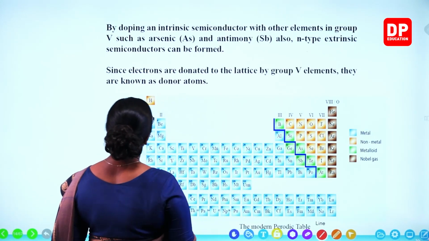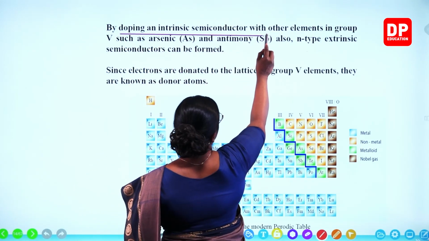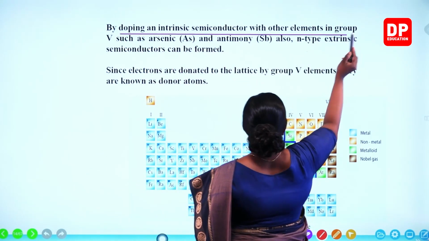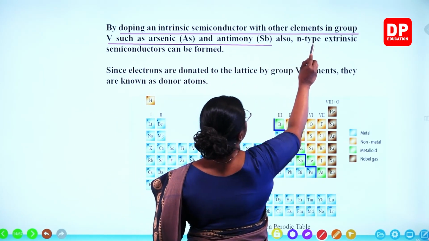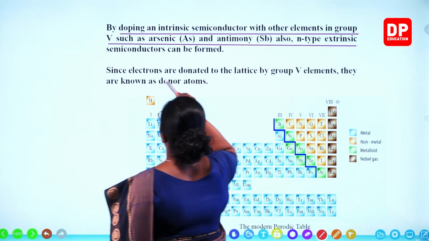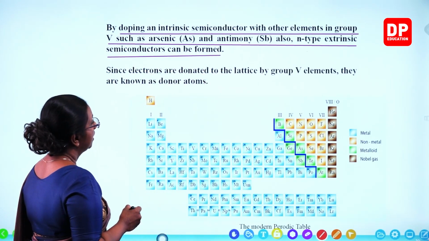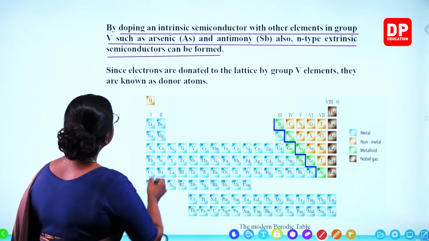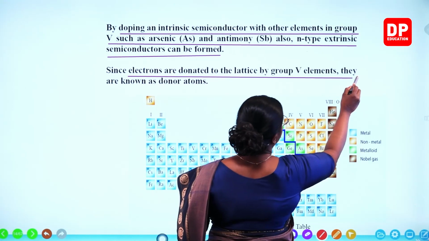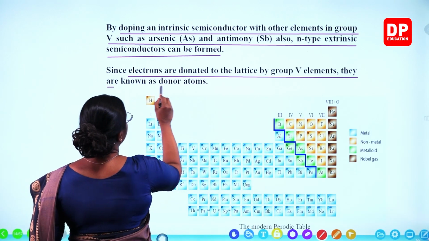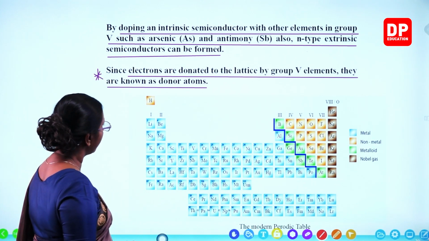So here you have to remember, by doping a semiconductor with other elements in group 5 such as arsenic, antimony, N-type extrinsic semiconductors can be formed. And also, since electrons are donated to the lattice by group 5 elements, they are known as donor atoms.